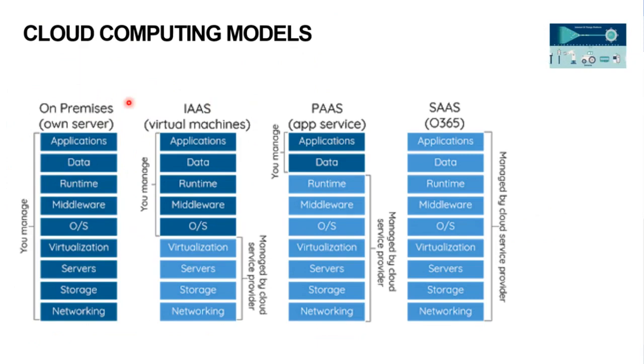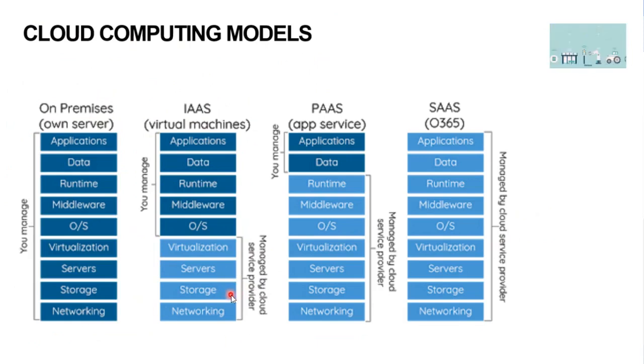The first one is IaaS, infrastructure as a service, which means that you manage the application, the data, the runtime, the middleware, and the OS, but you buy a virtual cloud. So you manage this component, and the cloud provider is going to manage these components, that is the network and the server.